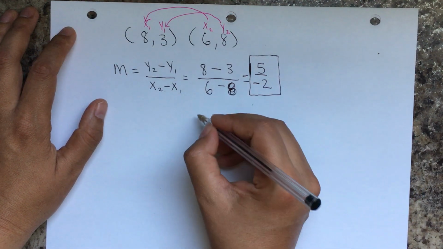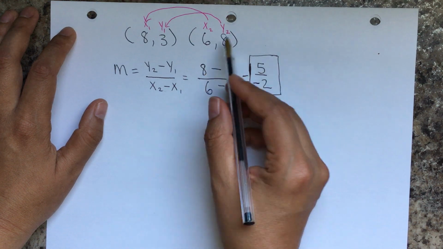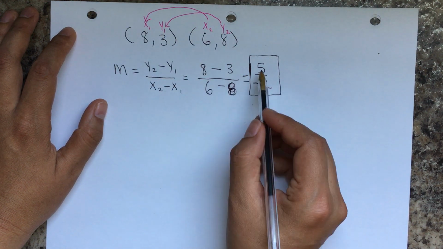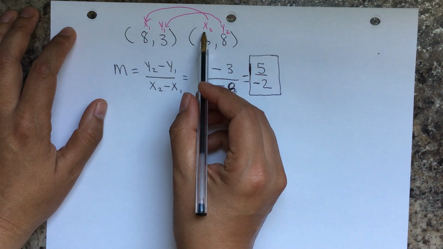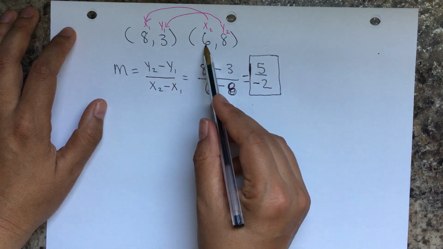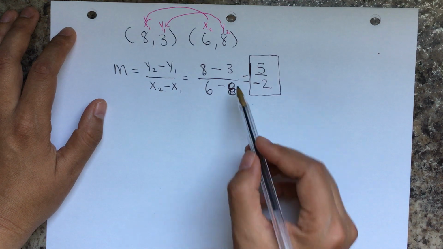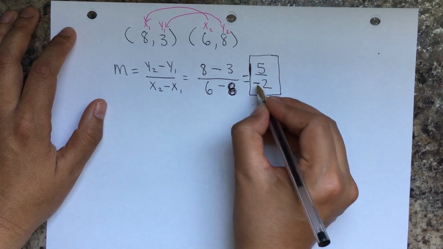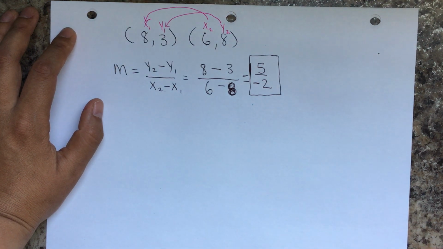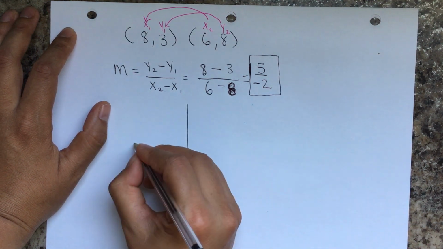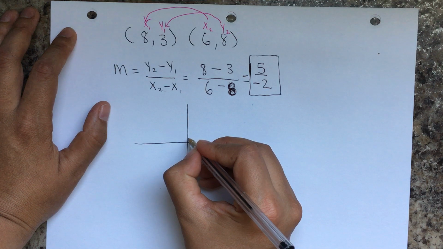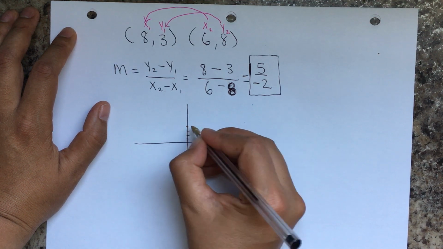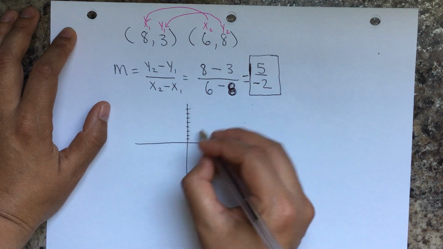Okay, so again, y2 minus y1, 8 minus 3, that's 5. x2 minus x1, 6 minus 8. Because the number that we're subtracting is bigger, we end up with a negative number. And so for our line, you get 8, 3, and 6, 8. So 1, 2, 3, 4, 5, 6, 7, 8.